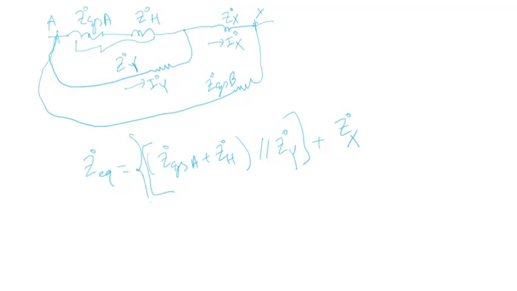Then once you find this equivalent impedance, you put it in parallel with the zero sequence impedance of system B. So it's a lot of stuff going on.